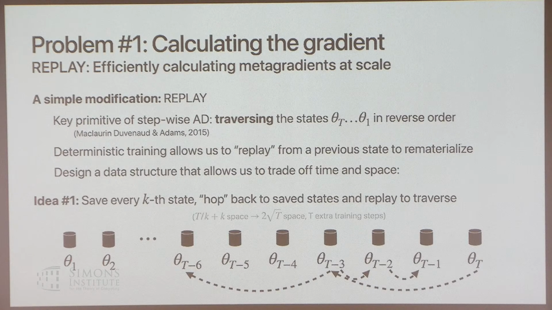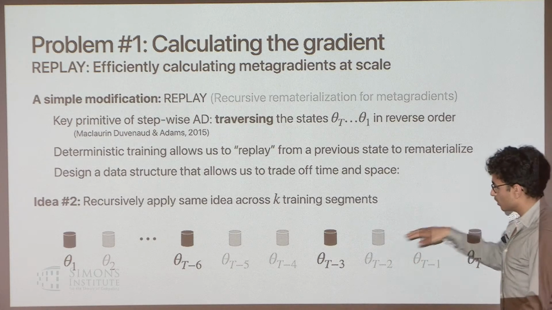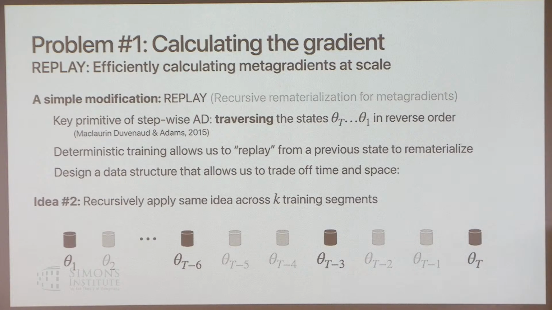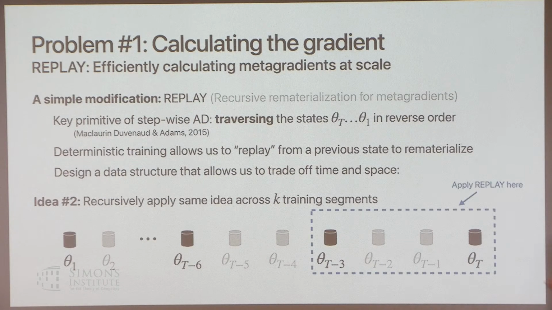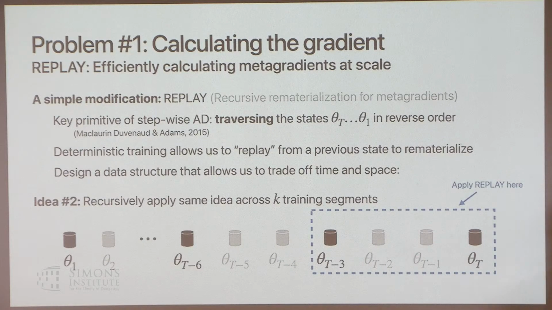But actually, if this is a really large model, even root T storage is too much. And so what we'll do is we'll recursively apply this within each segment. So what I mean by that is we will go through and we'll save every kth state. And then within this segment, we'll go through again and save every kth state.